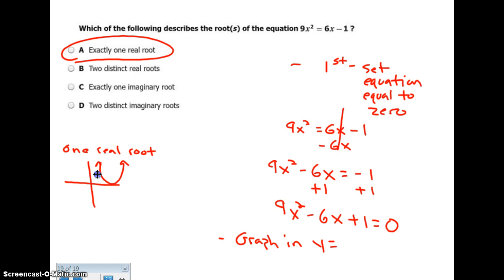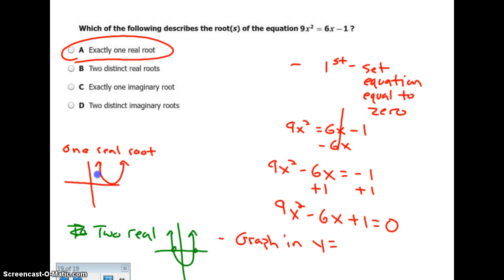Two distinct real roots. Here's your x-axis, here's your y-axis. 2 real would look something like this. Notice it hits there and there.